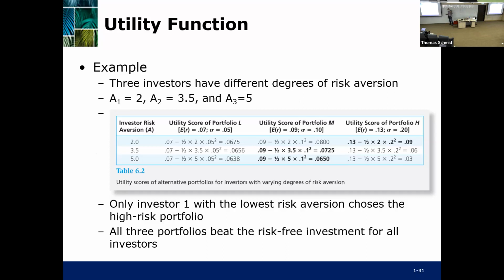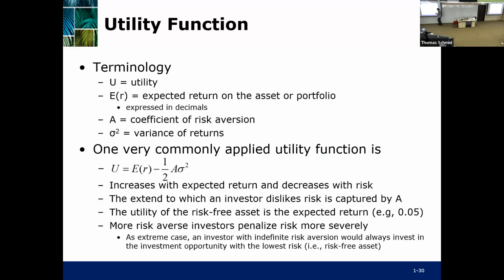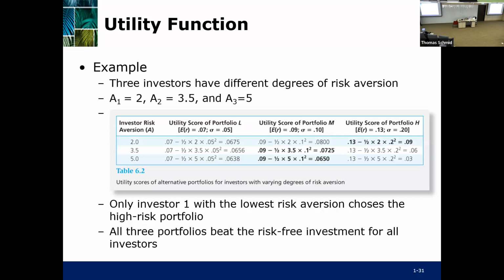We have 3 investors and 3 portfolios, so we have 3 times 3, 9 utility scores. Keep in mind, the utility score is investor specific because A is investor specific. Okay? So if we do that, we find that the first investor has a utility of 0.0675 for the L portfolio, 0.08 for the M portfolio, and 0.09 for the H portfolio. How did we do that? Well, really simply by setting the values in the utility formula.